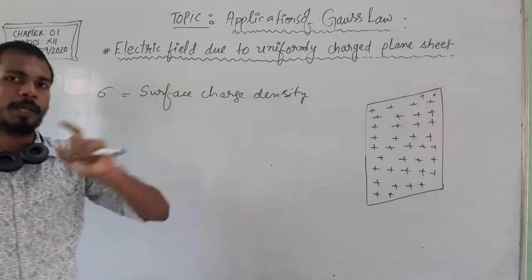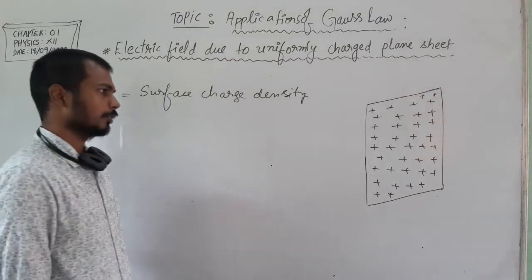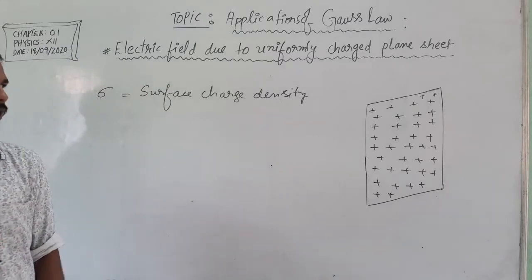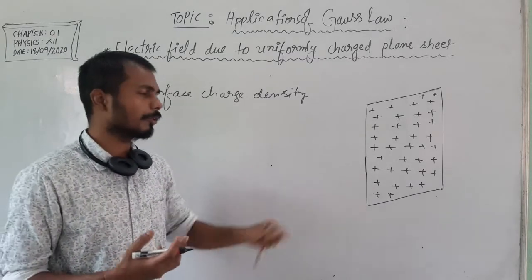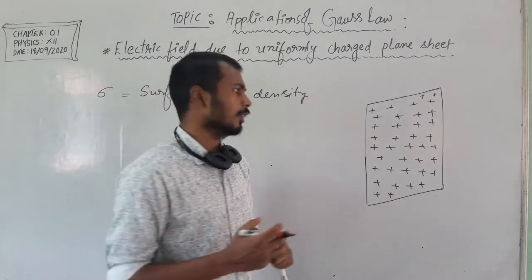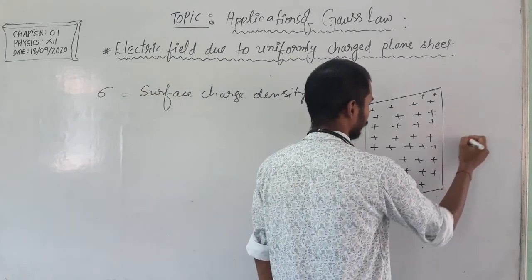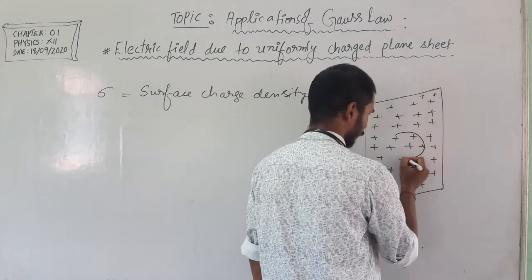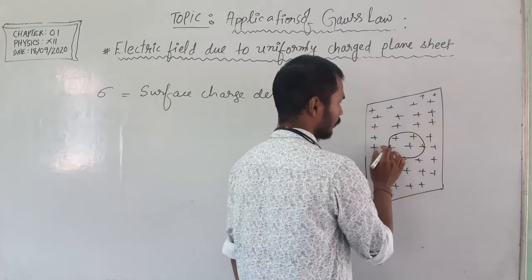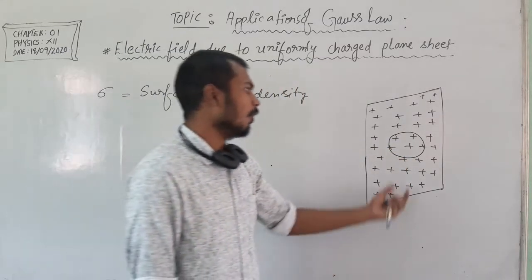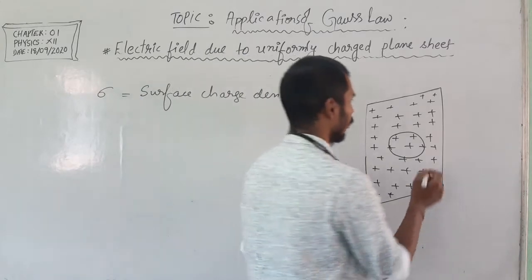Now see, to apply Gauss law, we have to consider a Gaussian surface. So use the concept of Gaussian surface and draw a Gaussian surface for this plane sheet. We are going to draw a small Gaussian surface, so let us consider a small circular area on this plane sheet.